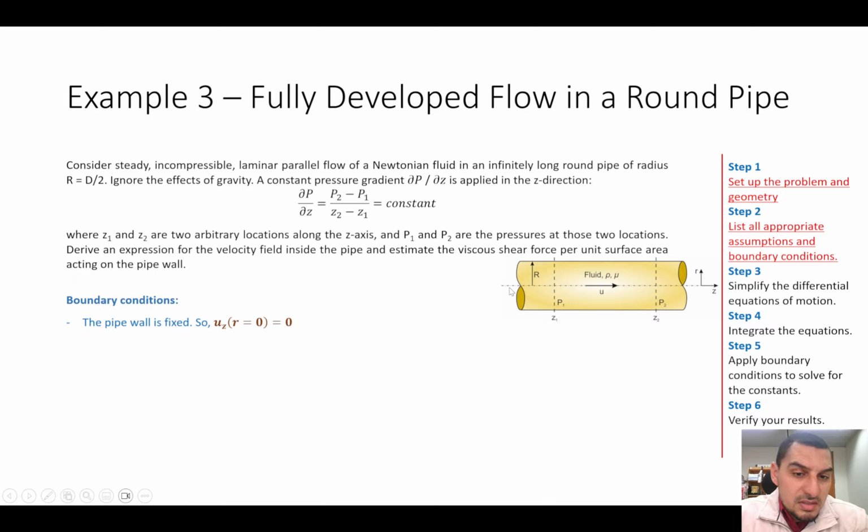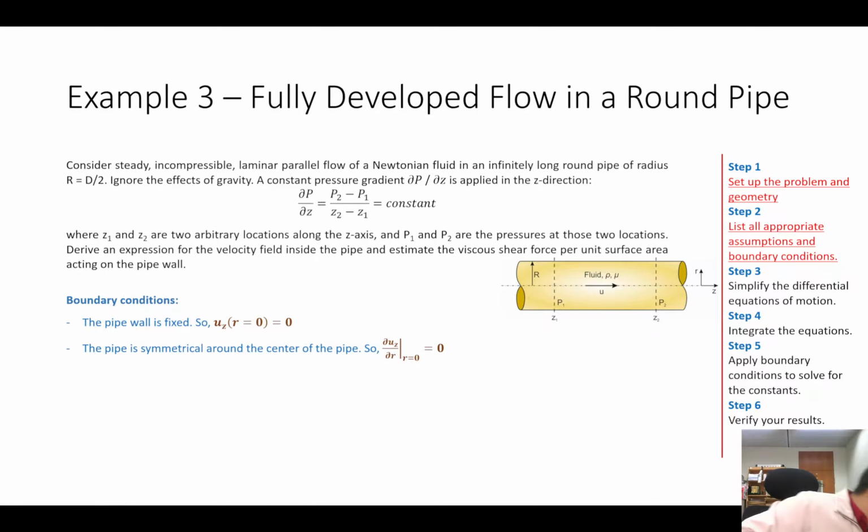And we know that r equals 0 is the center line, which is an axis of symmetry. So whatever is above the center line is the same as below the center line. So at this axis of symmetry, duz by dr is 0 at r equals 0. These are the two boundary conditions that we have.